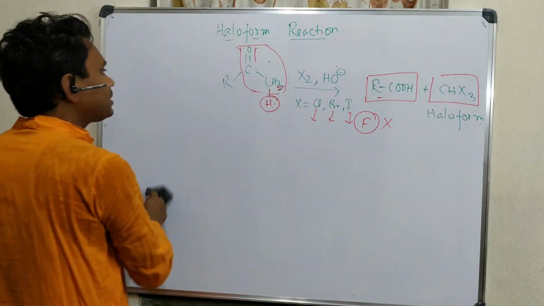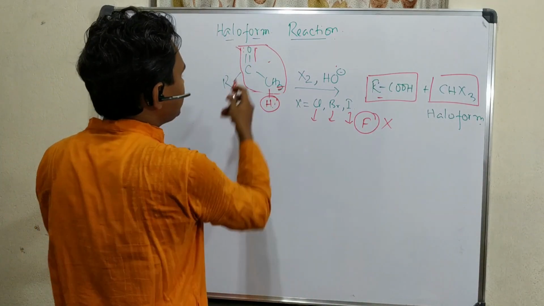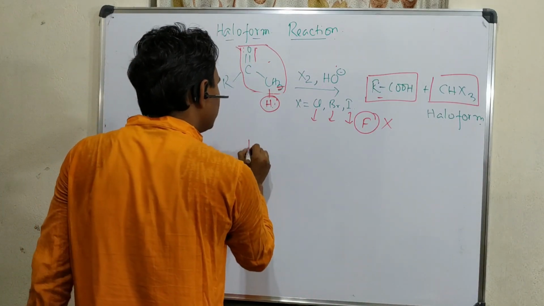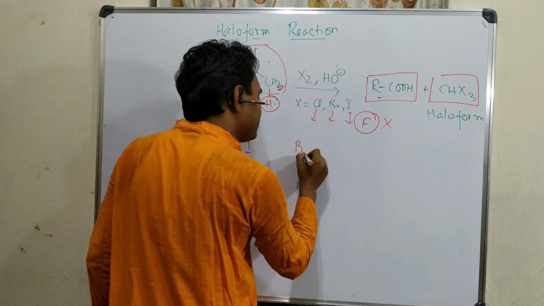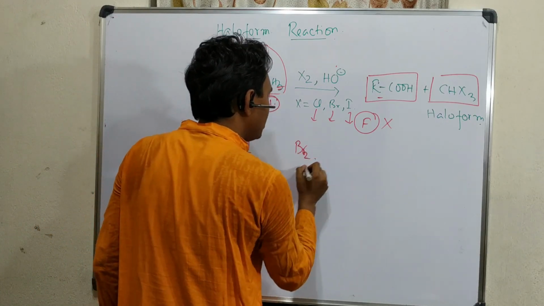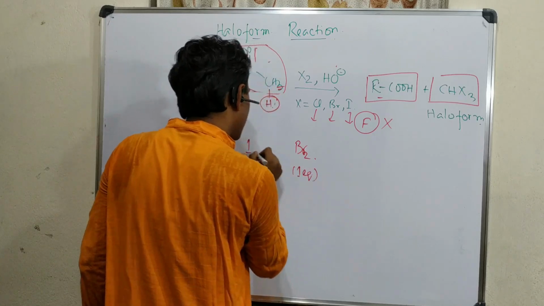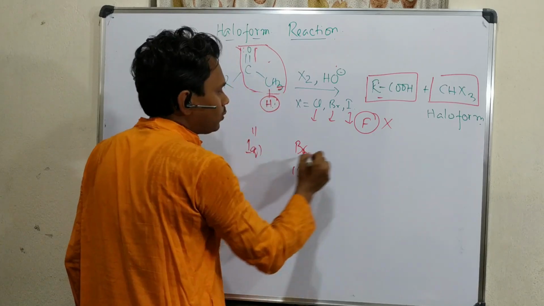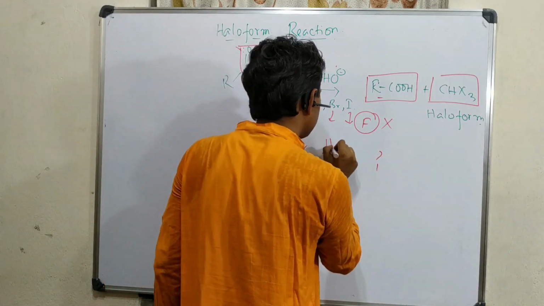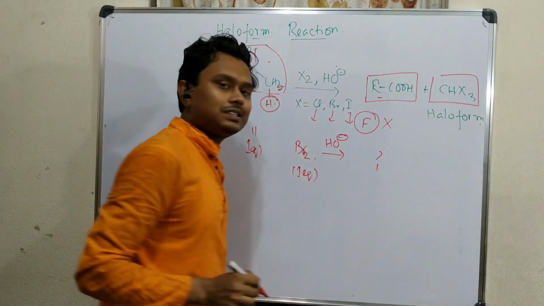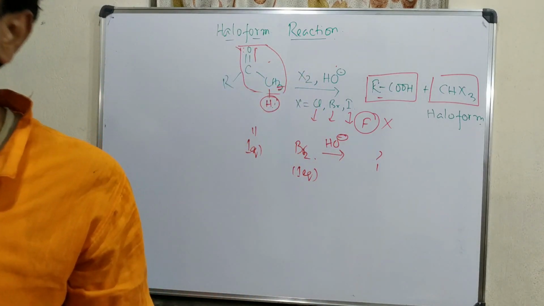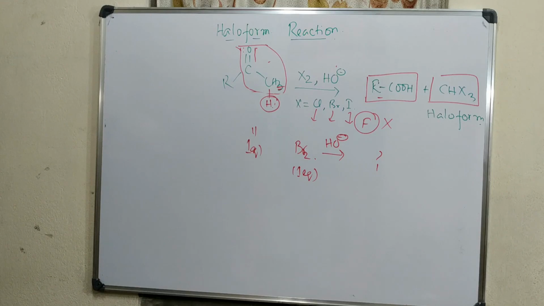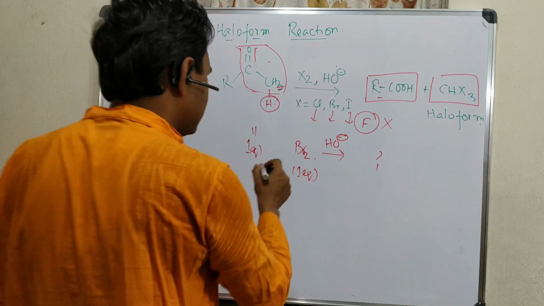Let's discuss a trick. For example, let's say you are given ketone 1 equivalent, and instead of excess halogen, bromine 1 equivalent. So what will be the product in presence of alkali, under haloform reaction conditions? If you understand the reaction mechanism properly, I guess you can answer this question.